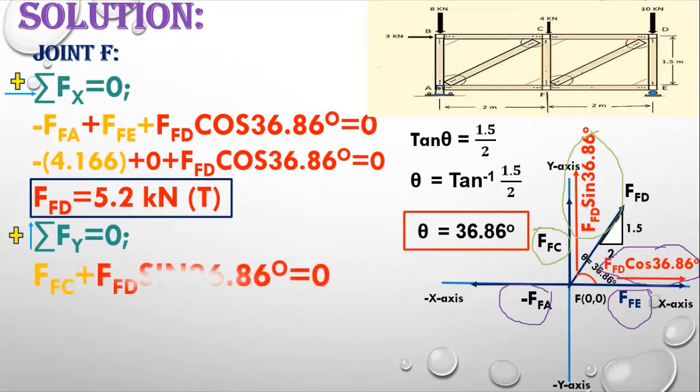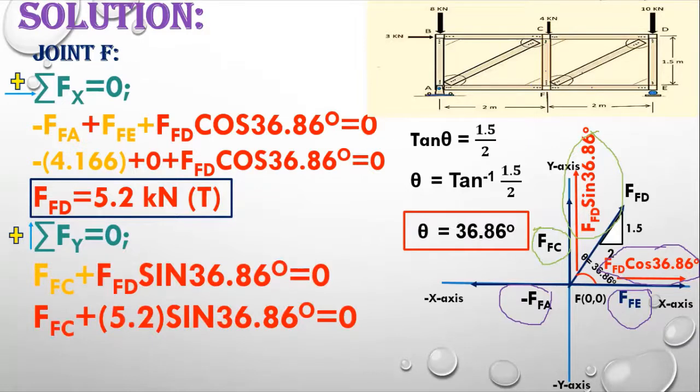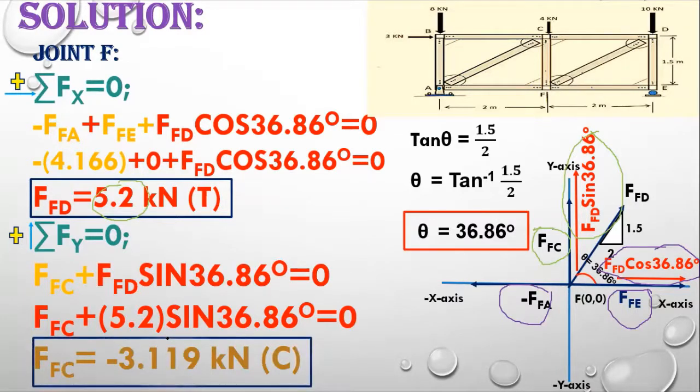So FFC plus FFD sine 36.86 degree. We have already calculated FFD, and we put this value here, and then FFC comes out as a negative value. So the member force is compressive in nature.